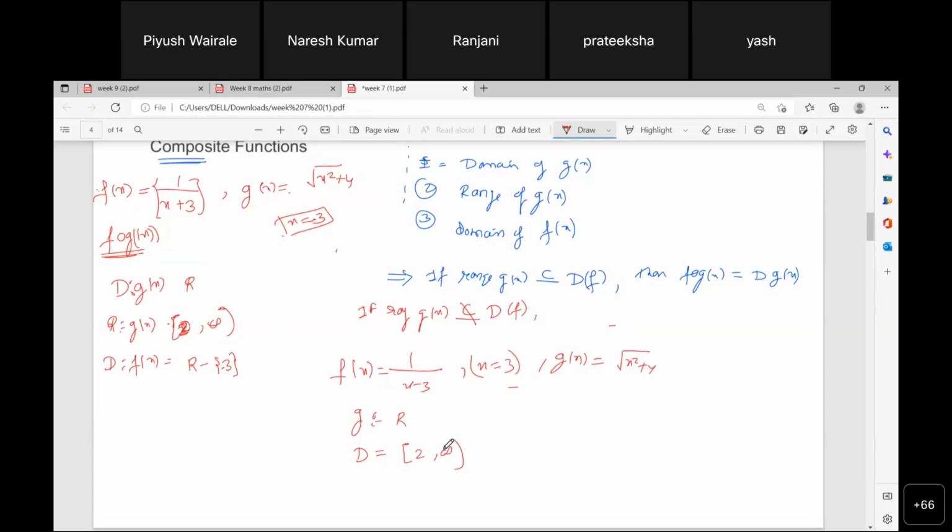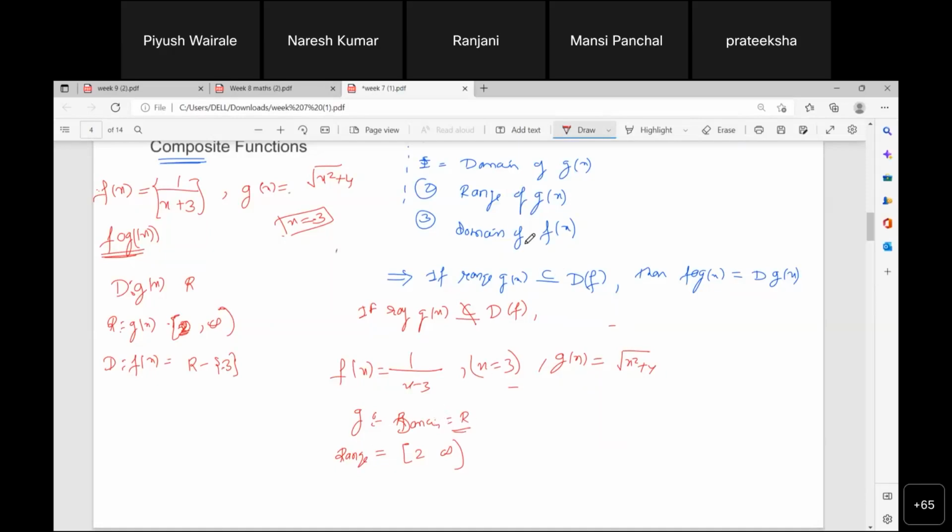Isn't it the other way around? So the domain will be R and the range will be 2 to infinity. Oh, sorry, this is the range. This domain will be R, right?